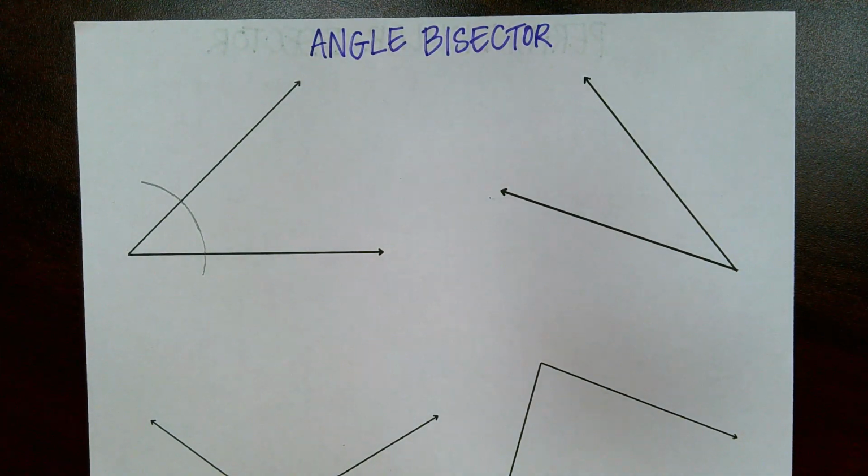On your cheat sheet it says center O, radius less than OA. That's not going to make a whole lot of sense because we haven't talked about how to label things yet.